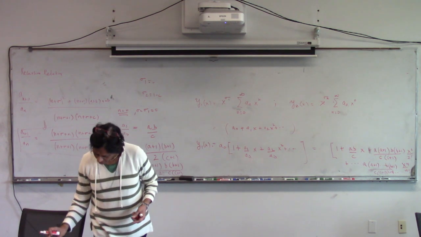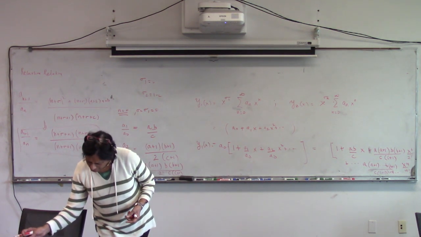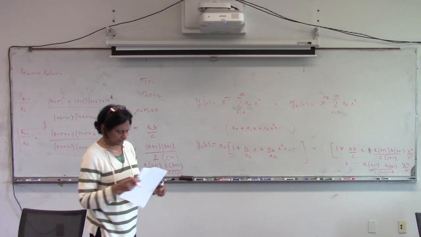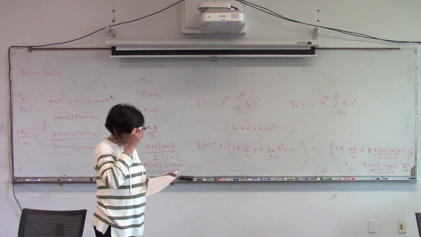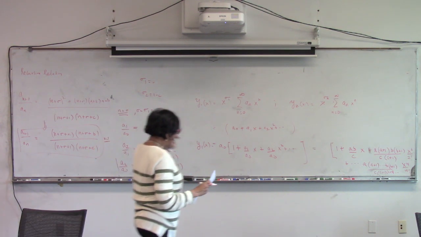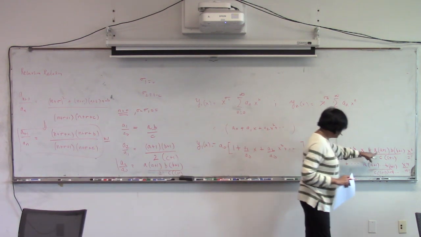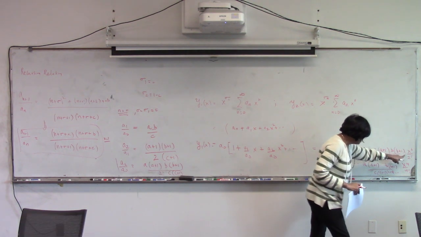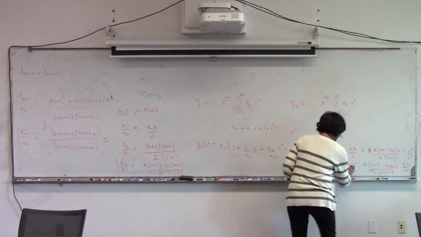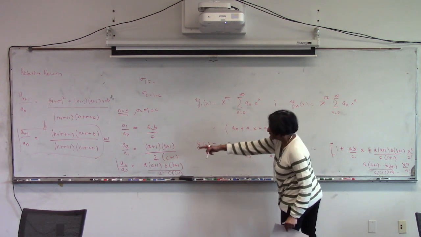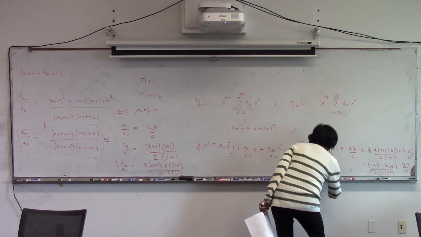How to write this in terms of gamma function? There is a pattern here, right? I mean, the next term is a plus 1, a plus 2, b plus 1, b plus 2, x cubed over 3 factorial. That's what the third term would be. If you just calculated a3 over a0, that's what it will look like.